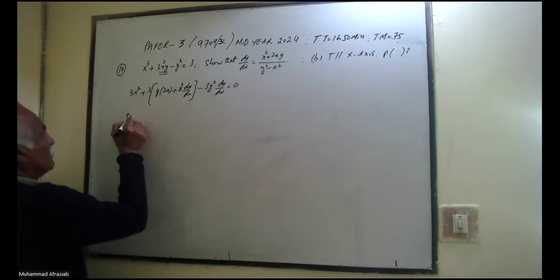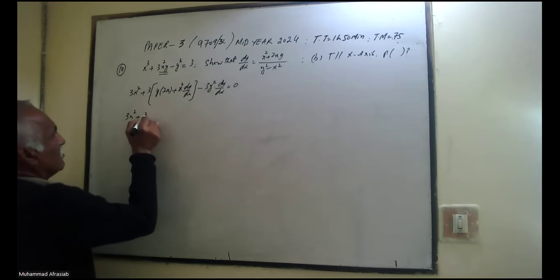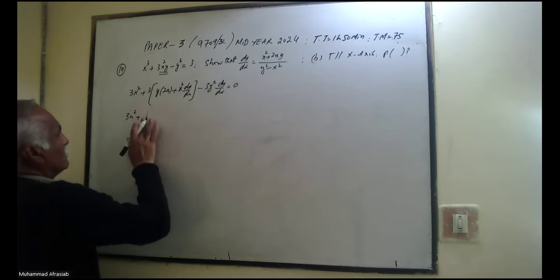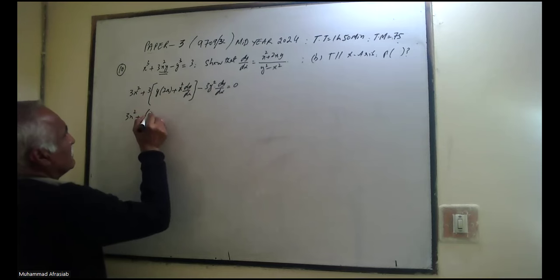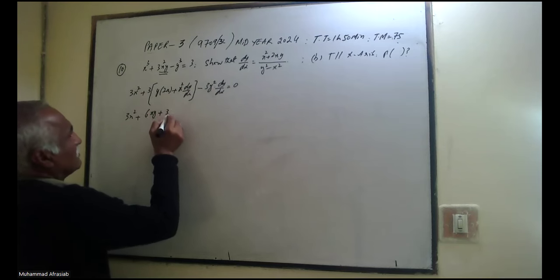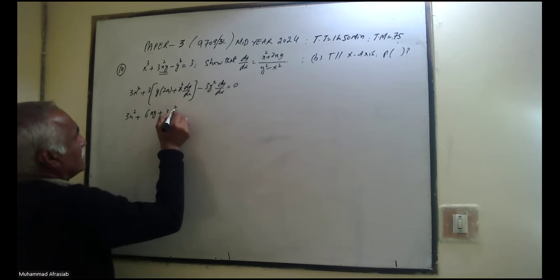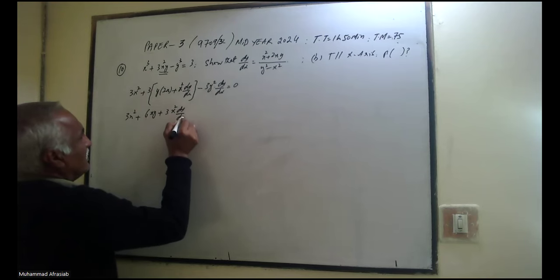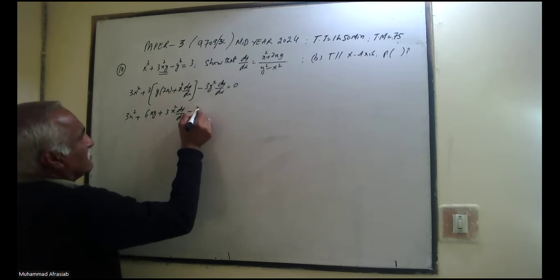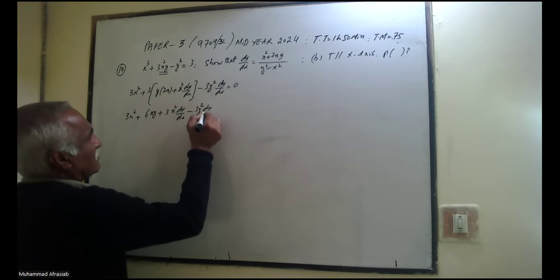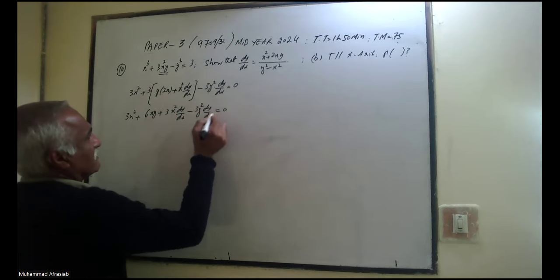So this will become 3x square plus 3 into 2, 6xy, plus 3x square dy by dx minus 3y square dy by dx is equal to 0.